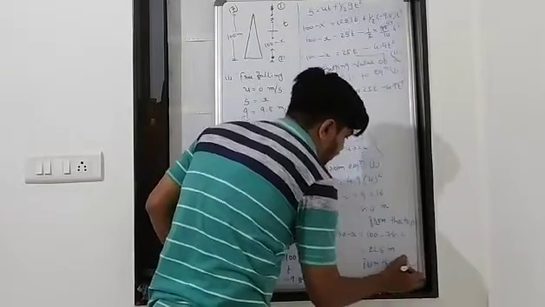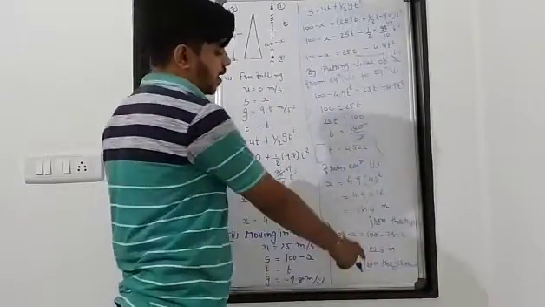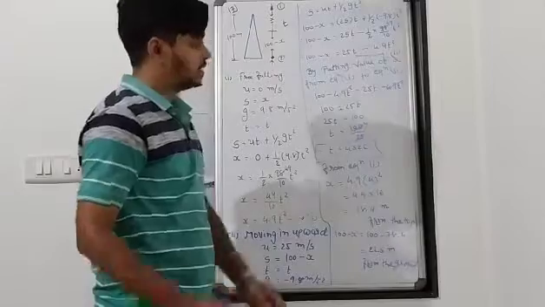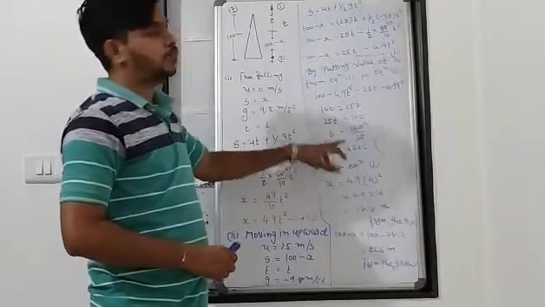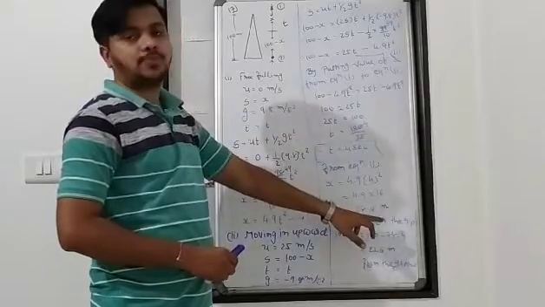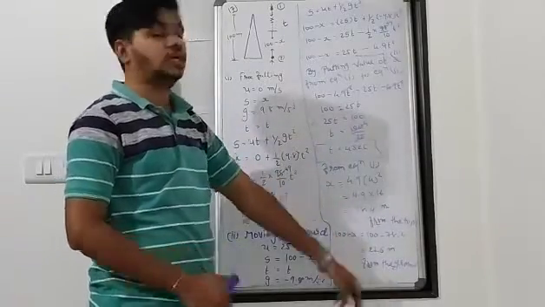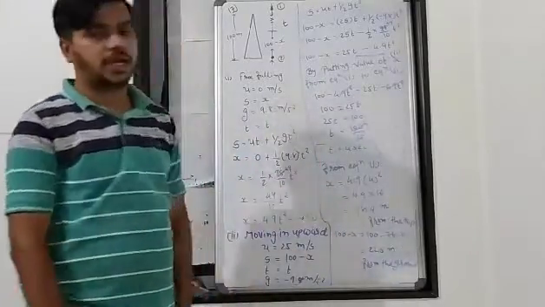So if they ask you from the ground, then it is 21.6, and from the top, it is 78.4. So they meet at 4 seconds. From the top it is 78.4, and if it is from the ground, then 21.6. Just see it.